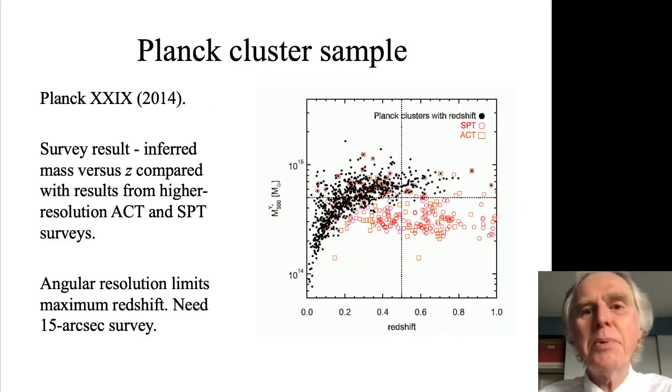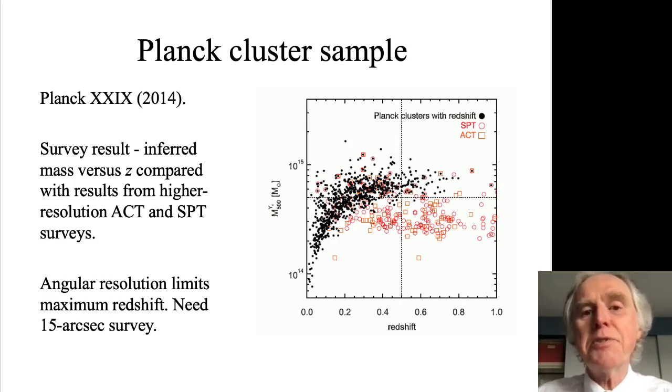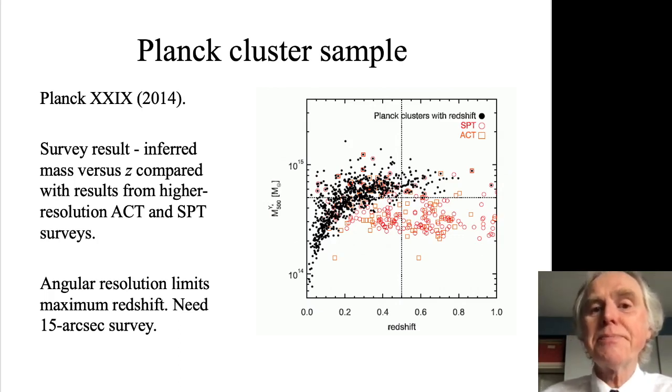This can be shown another way against some other surveys. The Planck sample are the black spots, and the red circles and squares are from ground-based telescopes with much smaller beams that can push out to higher redshift. At lower redshift, Planck is very much superior.